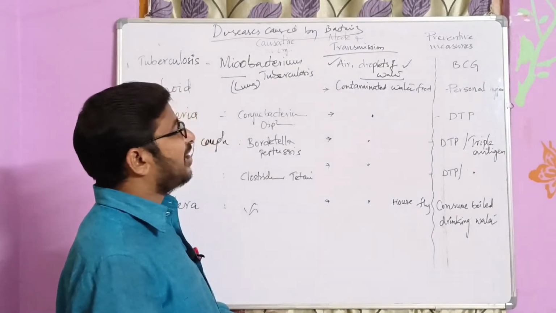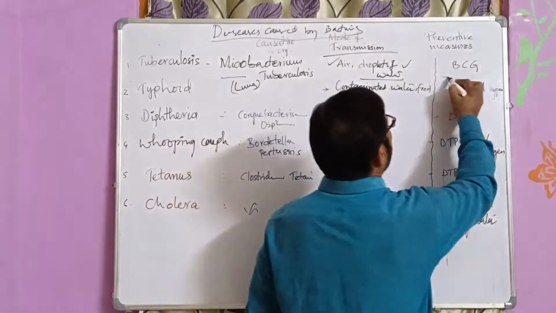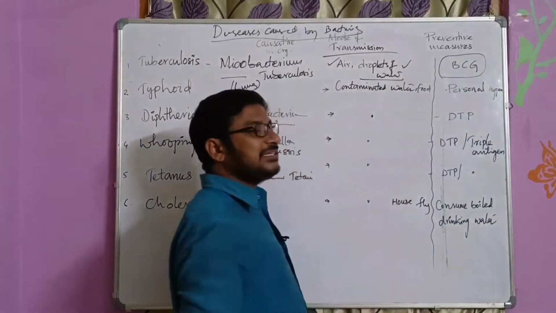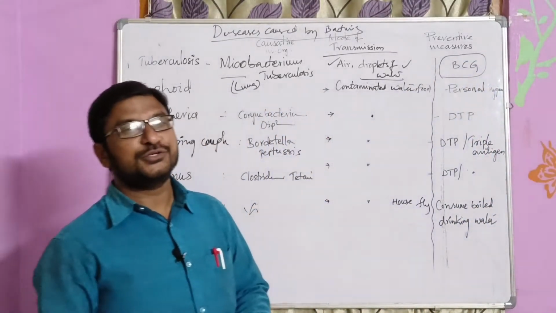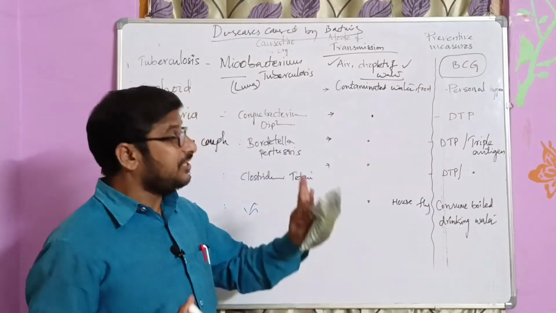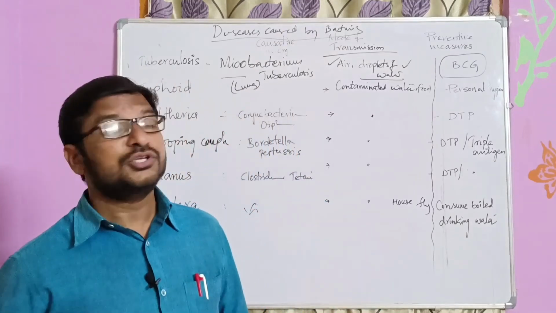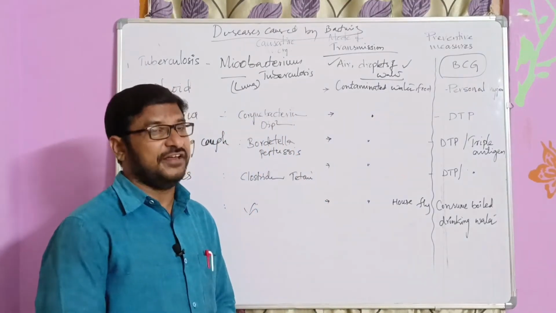To prevent this disease, there is a vaccine called BCG. The BCG vaccine is a preventive method, usually given at an early age to children.